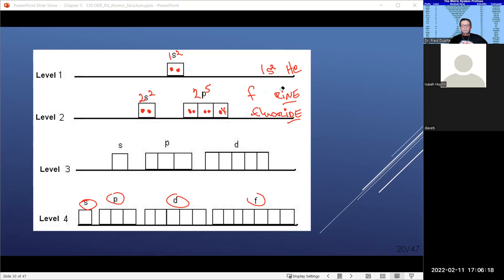All right. So now let us continue across, and we get to neon. And neon has a total of 10 electrons. Just like fluorine just picked up an electron, the element neon has already 8 electrons in the outermost shell. 6 of them are in the p orbital, and the other 2 are in the s orbital. Now it has obtained a very stable configuration.